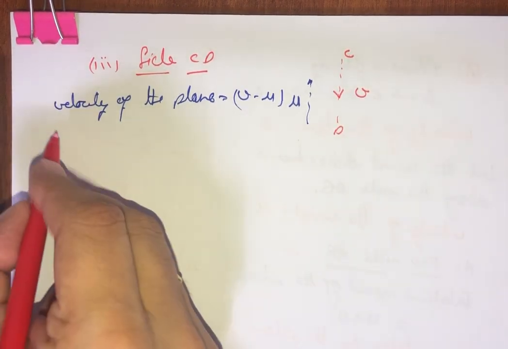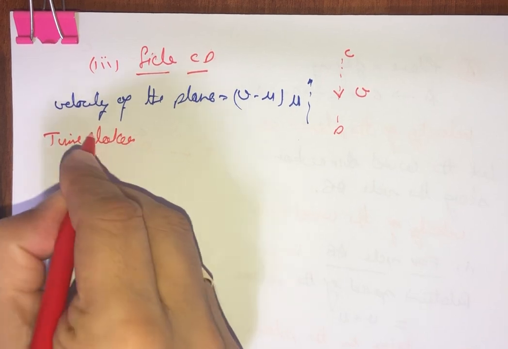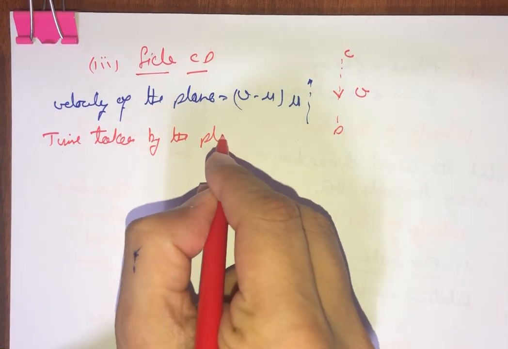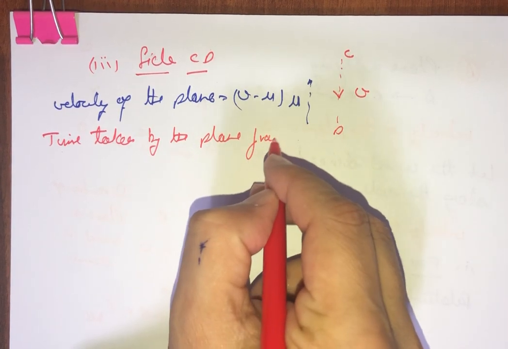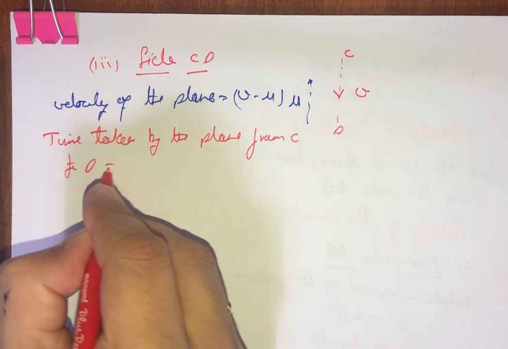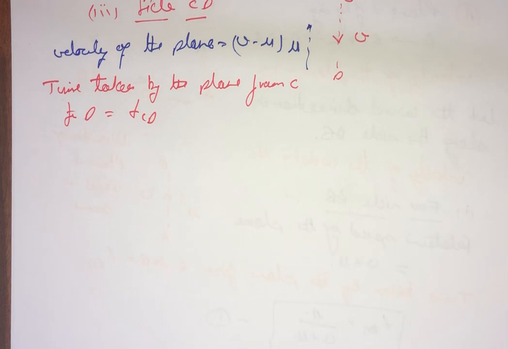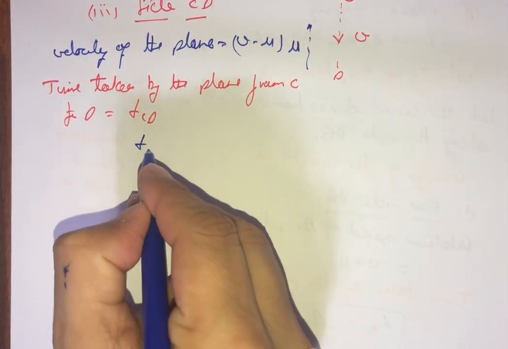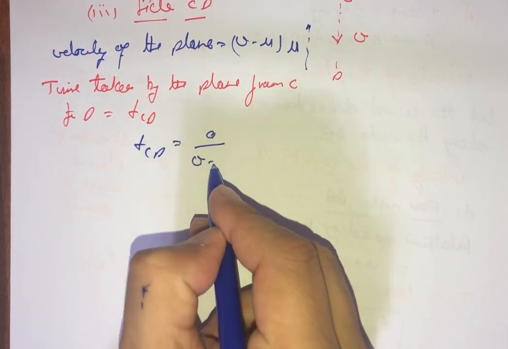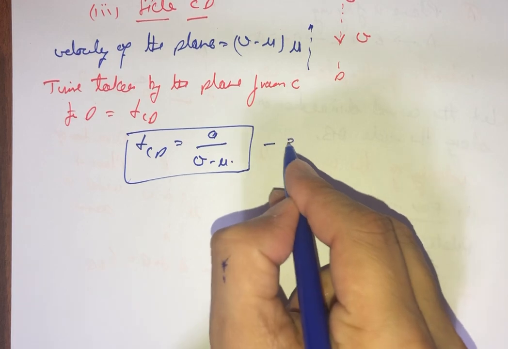So we can write the time taken by the plane from C to D, let us call this T_CD. This T_CD will be equal to A divided by V minus u. This is equation number 3.